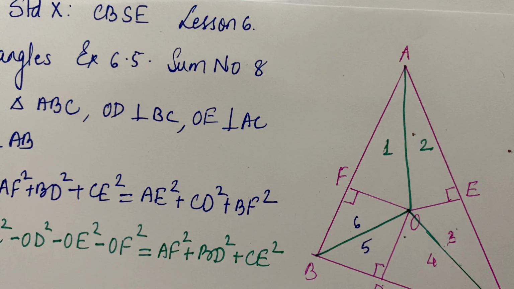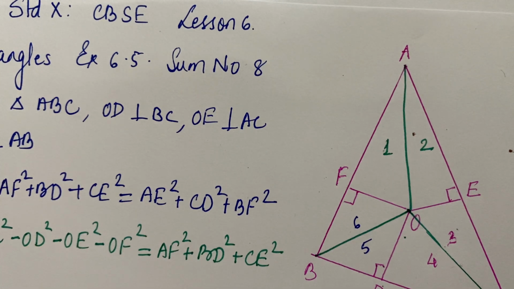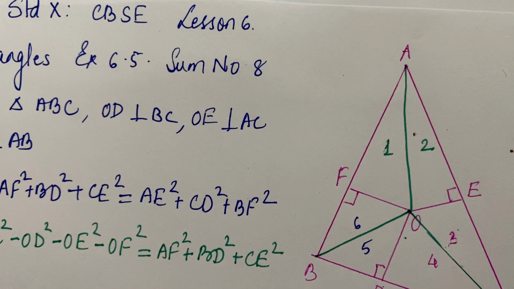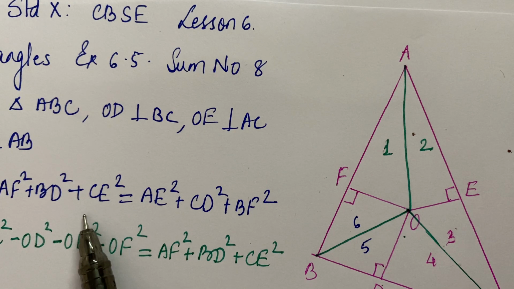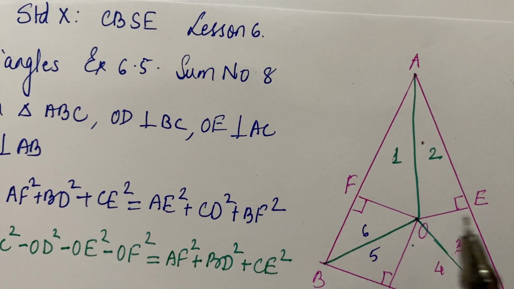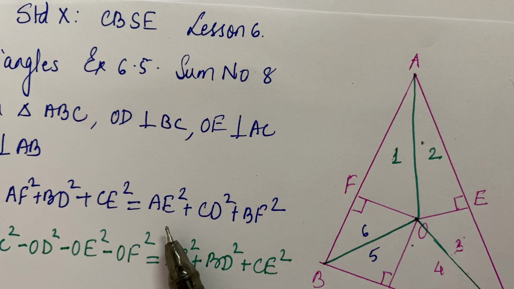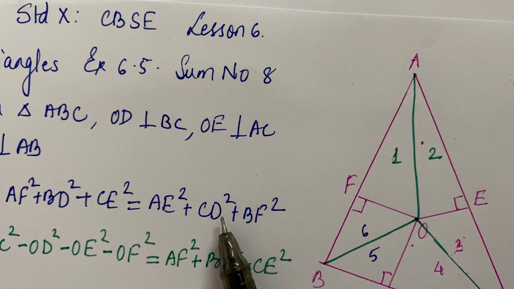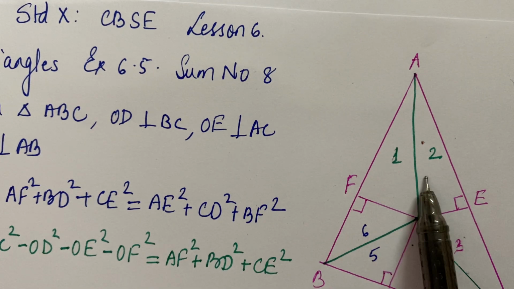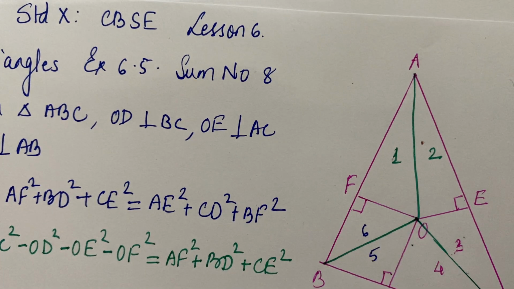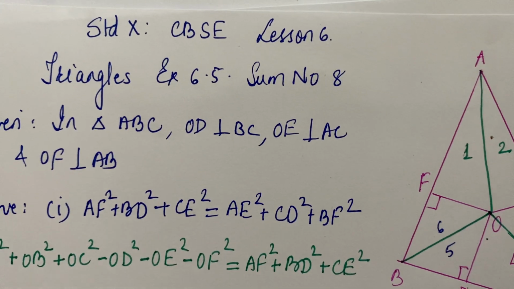So to prove the first case, we will have to go according to the claim that is given to us: AF square first, BD square, CE square. Because on the right hand side we have AE square, CD square and BF square, we have to apply Pythagoras theorem for these two triangles. Let us see how.